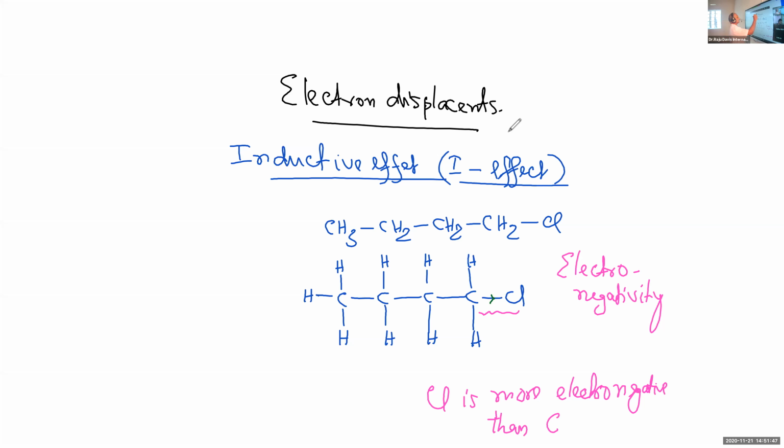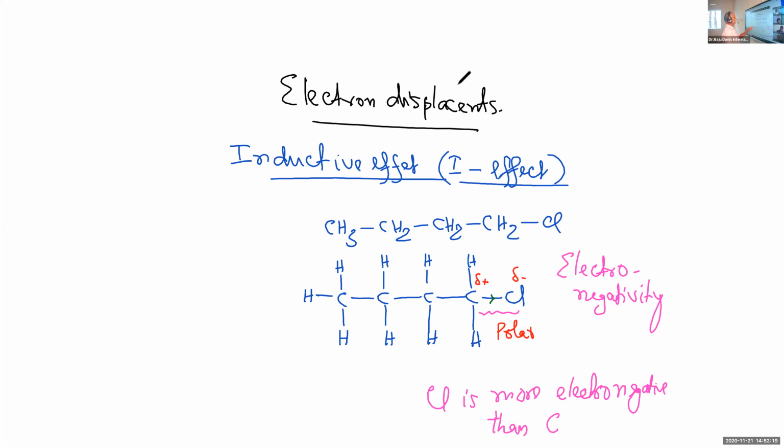So what happens to the covalent bond now? Carbon gets a partial positive charge and chlorine gets a partial negative charge. That means the carbon-chlorine covalent bond is a polar bond. There is a polar covalent bond in that molecule.